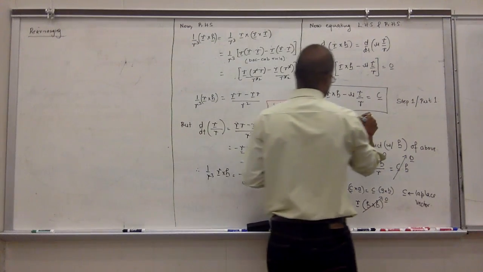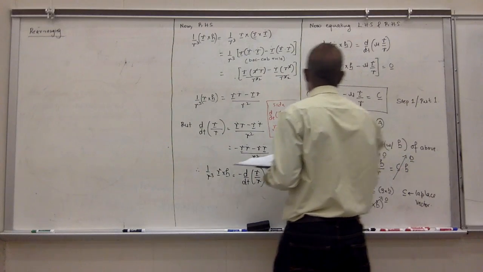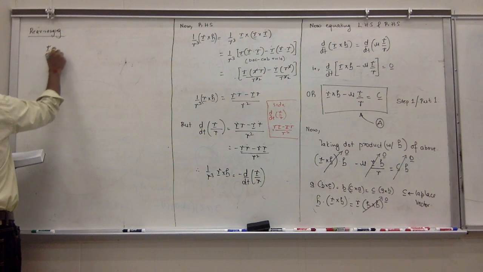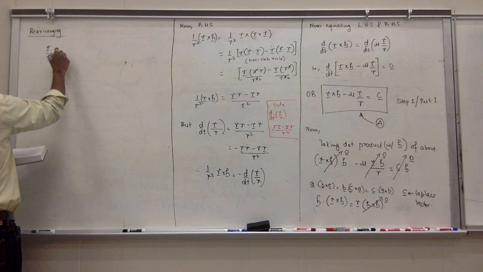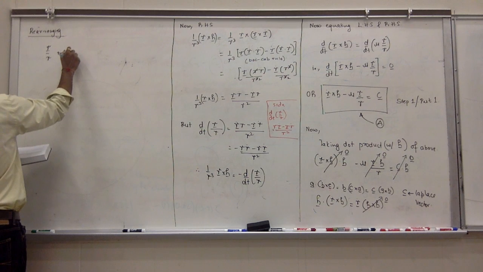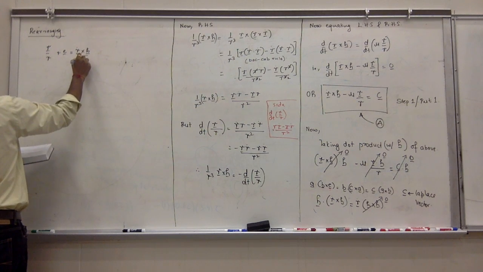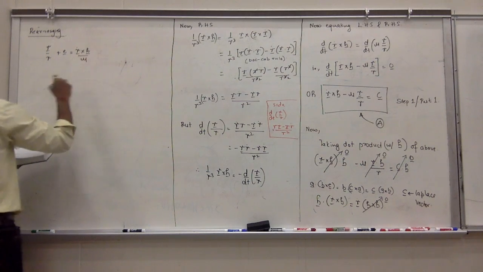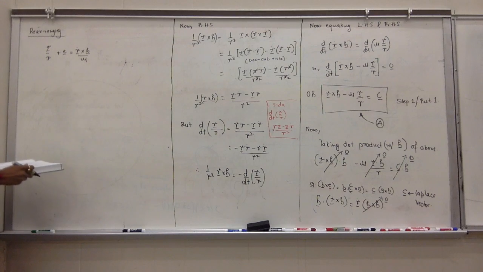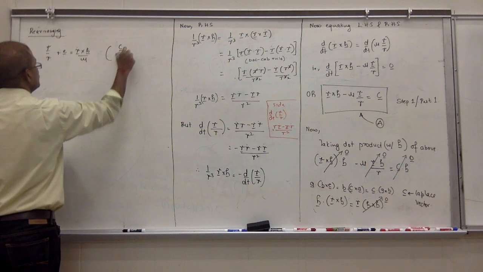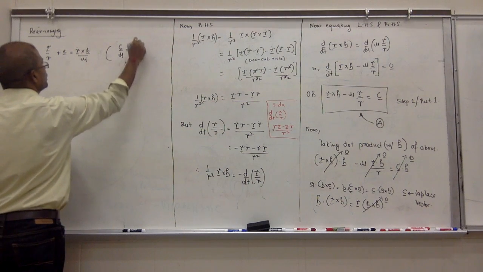So let's call this A. You have R over R. So I've done nothing except that C over mu is expressed as vector E. Okay?